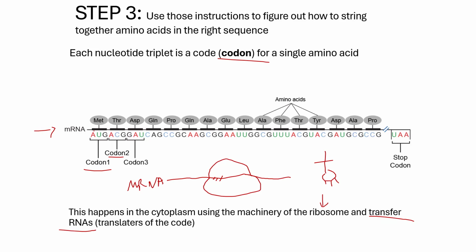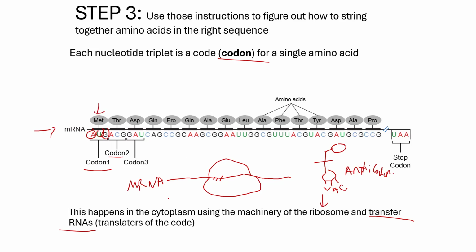So if your codon is AUG, the anti-codon, or the matching codon, would be complementary, just like you saw with the DNA-RNA heterocomplex. So this would be UAC. And UAC has a charged amino acid on it that is methionine.